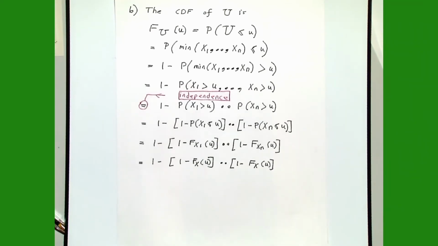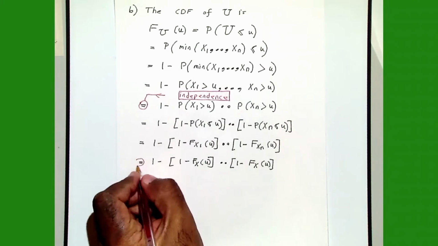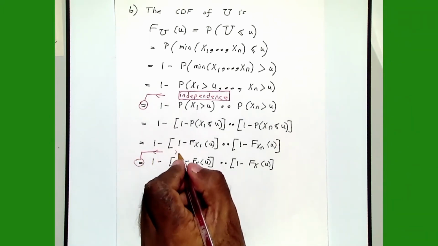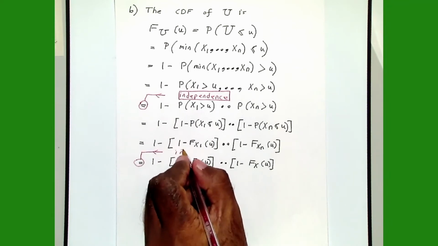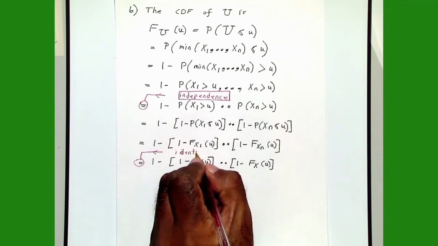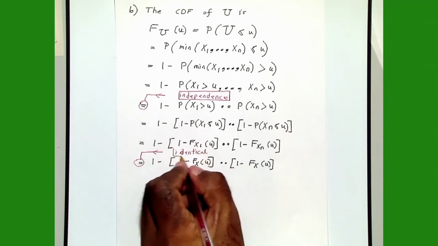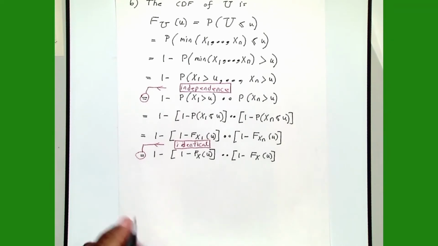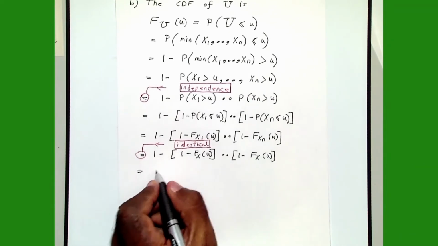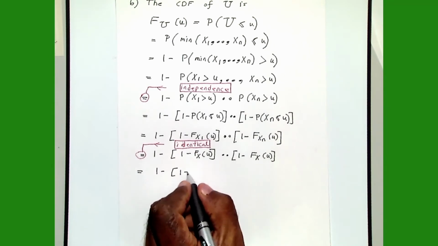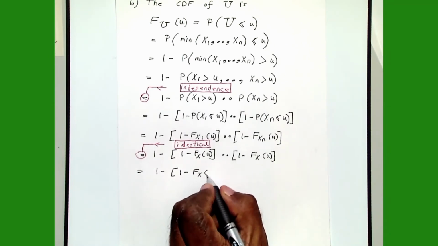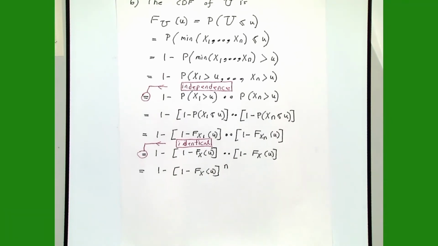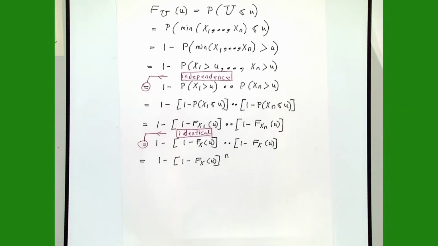Alright, so in this step I have used the assumption that the variables are identical. Okay, so the final formula is 1 minus the product. So this is the formula for the CDF of minimum portfolio loss.